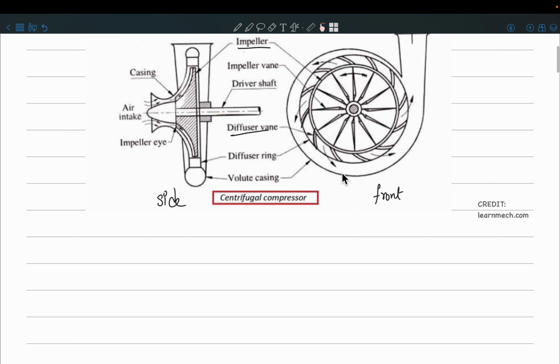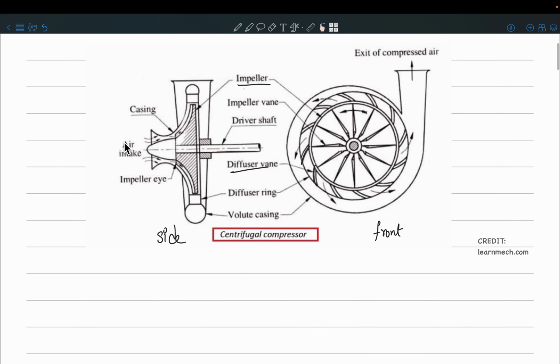If I draw the pressure along this radial direction, this is your radial direction, and say up till here is your impeller, and beyond that is your diffuser. So I'm asking what happens to pressure and velocity. Velocity is clear: it is increasing in the impeller, and then decreasing in the diffuser, right?